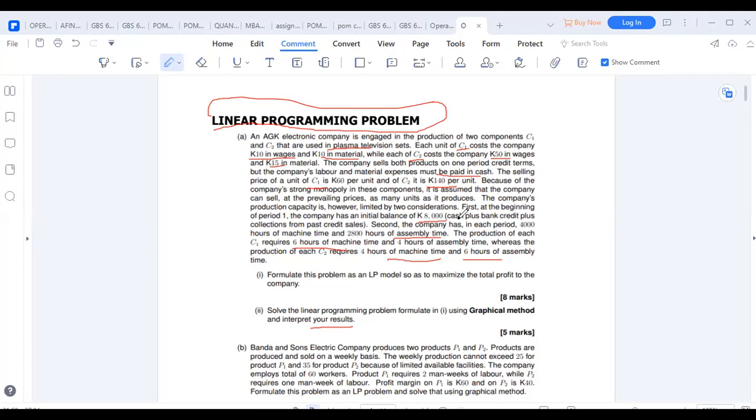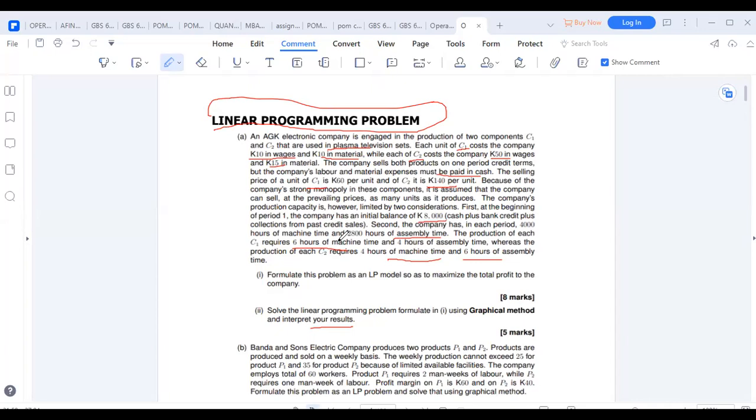So this is what I am saying. And then they're simply saying, first at the beginning of the period, the company has initial balance of 8,000, which is cash plus bank credit plus collection from the past credit sales.